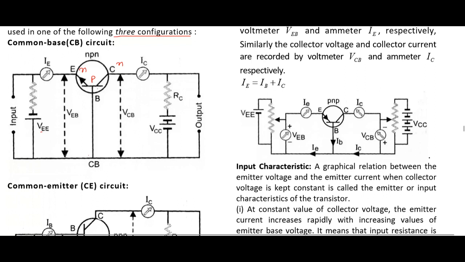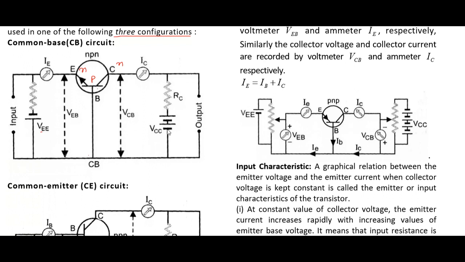We know that collector base circuit is reverse biased. If you have to reverse bias this N, you have to connect it with positive of the battery. So this is positive of the battery. If you have to reverse bias this P semiconductor or the P part, you have to connect it to the negative of the battery. So this is connected to the negative of the battery.